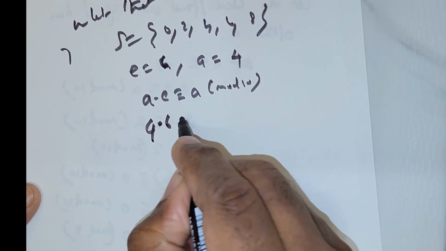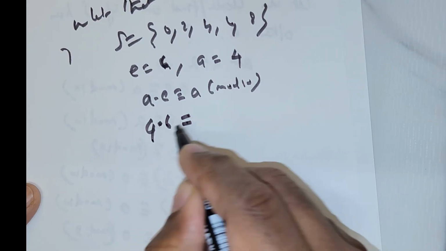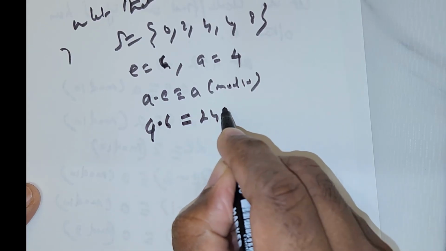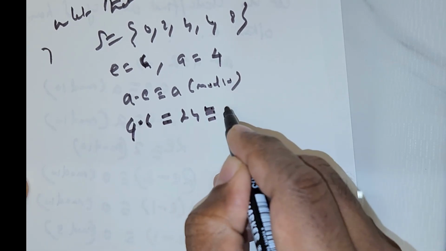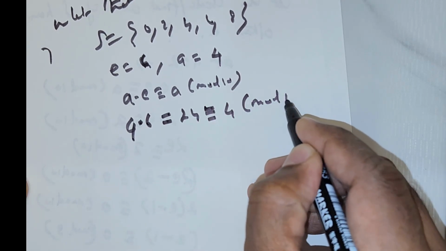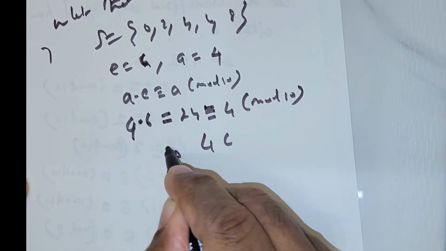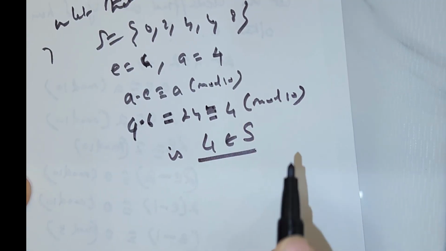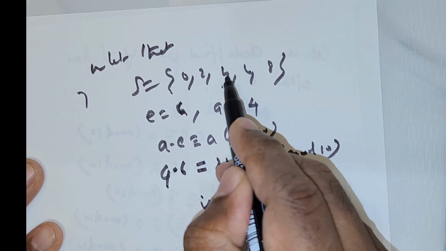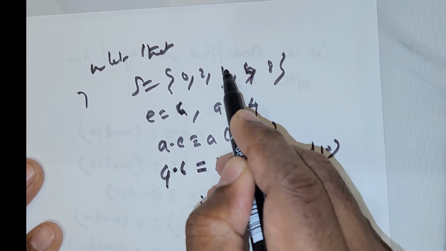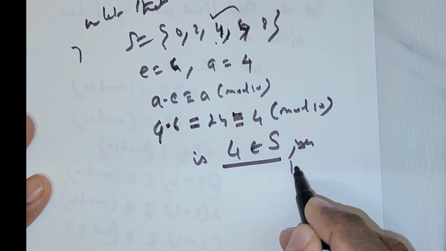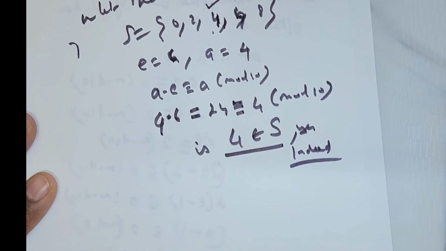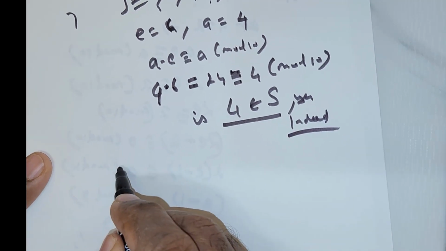My E, we have found to be 6. 4 times 6 is 24. When you divide 24 by 10, you get 4 mod 10. Now the question is, is 4 an element of S? You see here, this is 6, and 4 is over here. Yes, indeed.